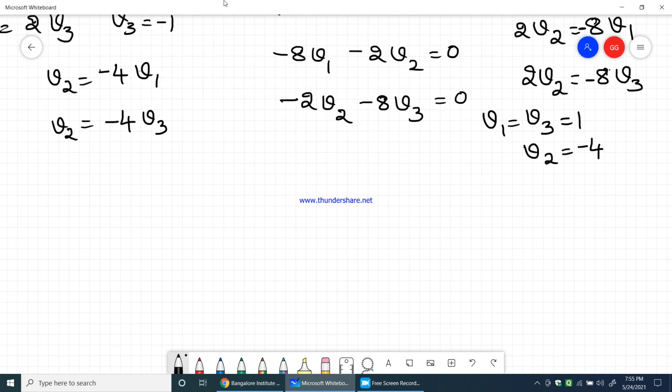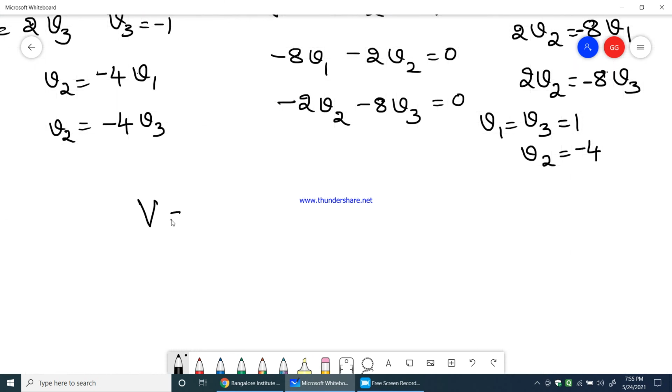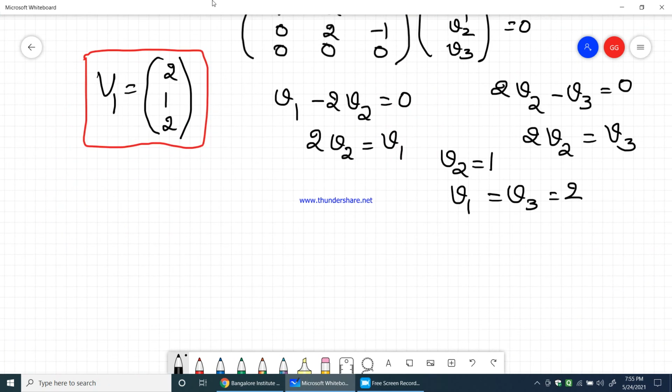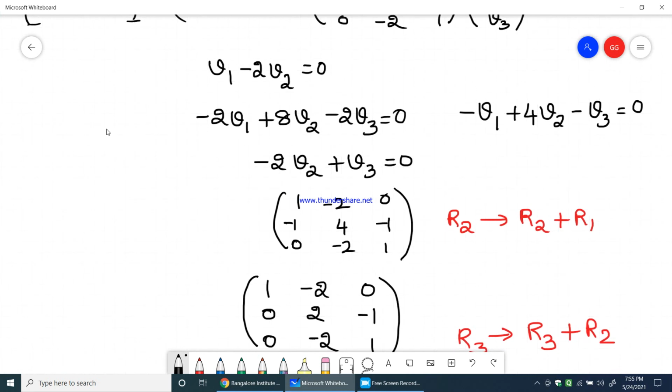Yes. So therefore the total V equals all the three vectors that we have got. Let me take the first vector which we got when lambda was 0.